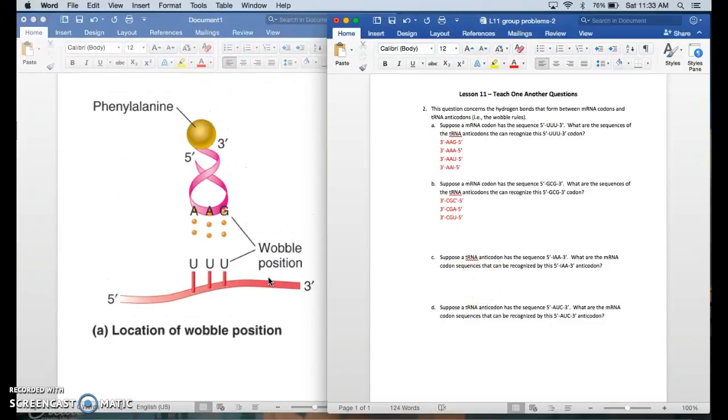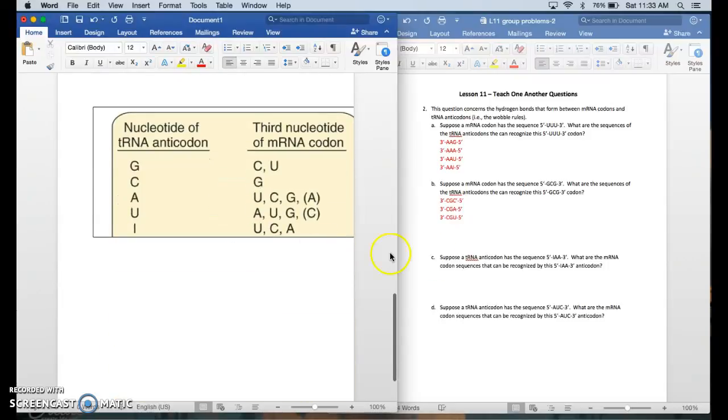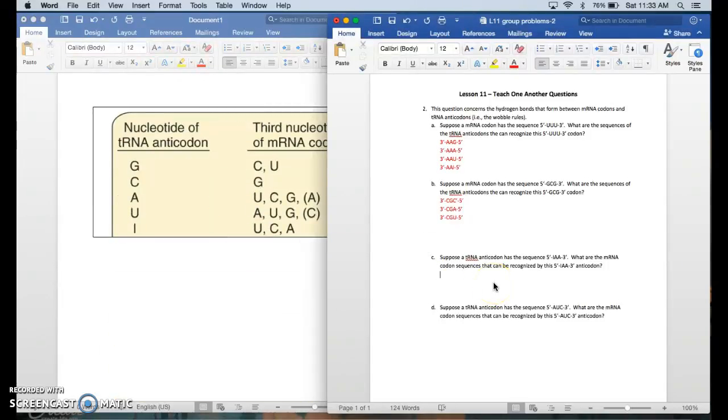It's basically as if we were going from here to here. So our wobble position's right here. So the ones that would follow the normal rule would be these 2 AAs, which means that we would have UU.